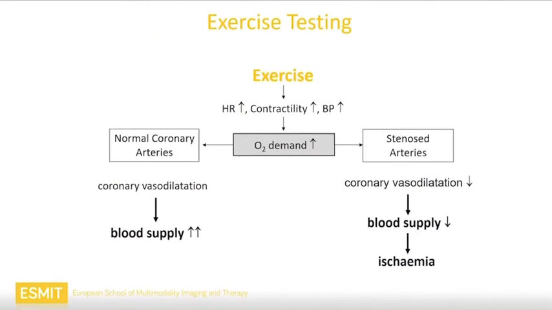What is very important is that you have an augmentation of oxygen demand. And in normal coronary arteries, you can create vasodilation, and a very high blood supply is possible. In the case of a patient with coronary artery disease and stenosed arteries, the vasodilation is dropped, and then you have a decrease in blood supply, and finally ischemia or infarction.